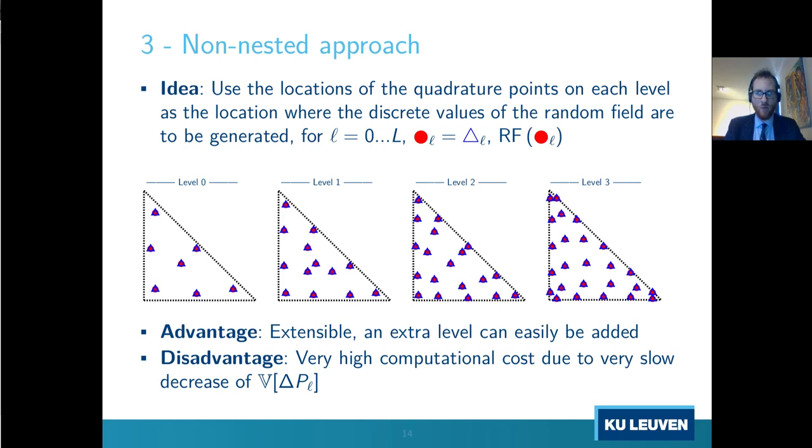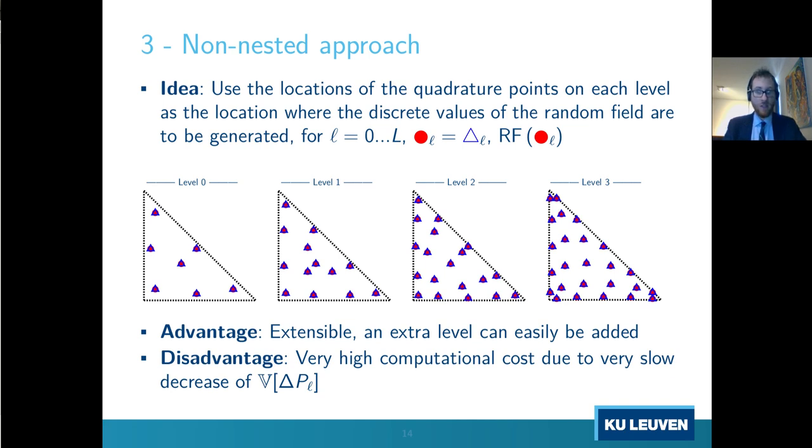So the non-nested approach is the most naive approach. The idea is to use the location of the quadrature points on each level as the location of the discrete values of the random field. So as you can see, for each level, you will generate instances of the random field in the locations of the quadrature points. So the red squares and the blue triangles coincide for each level.